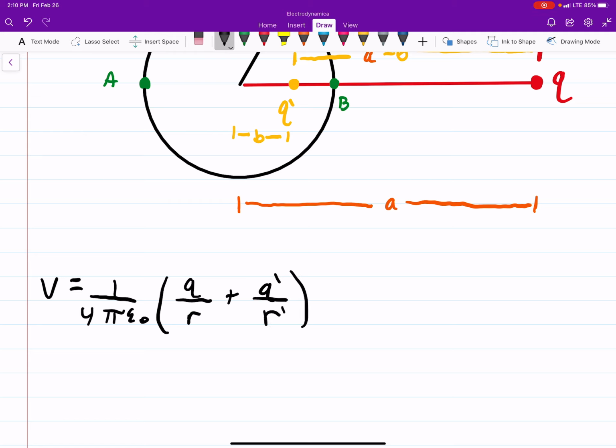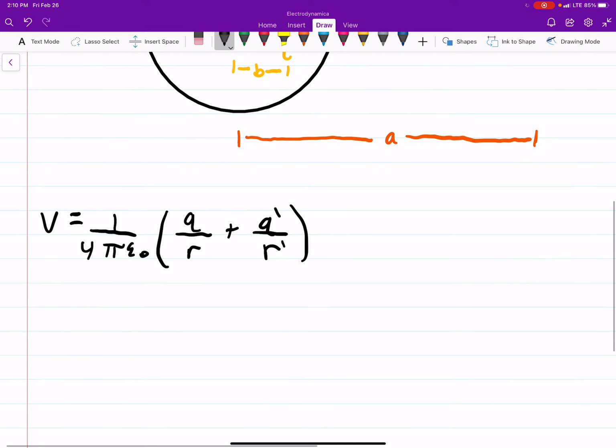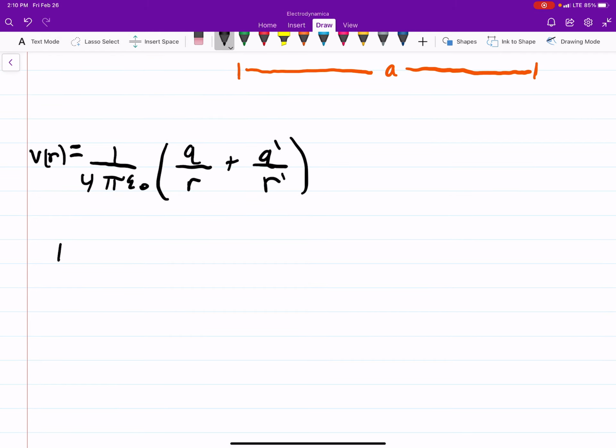You could call it script R as well, whatever you'd like. So this is our potential as a function of R. And what we're going to do is apply boundary conditions and relate Q and Q prime as well as the distances a and b. So we're going to apply boundary conditions.